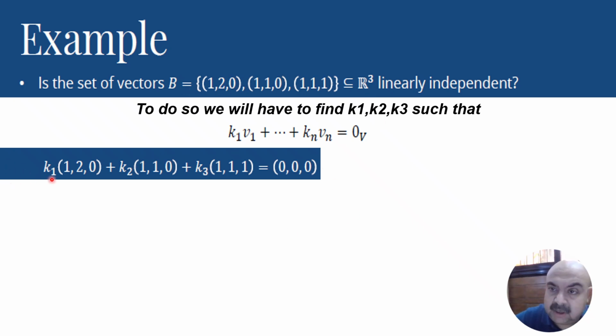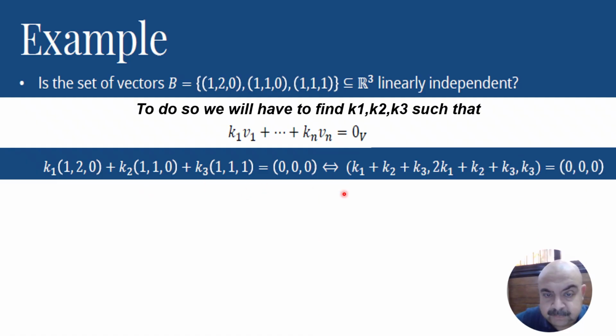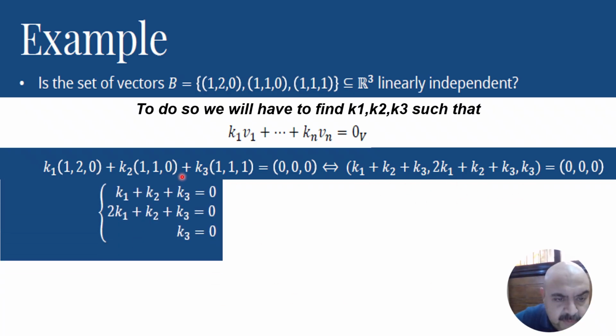So it's K1 times 1, 2, 0, K2 times 1, 1, 0, K3 times 1, 1, 1, and it's all equal to 0, which will lead to K1 multiplied by 1 plus K2 multiplied by 1 plus K3 multiplied by 1. And if I continue for the second coordinate equation and the third coordinate equation, those three coordinates will represent a system of equations as you saw.